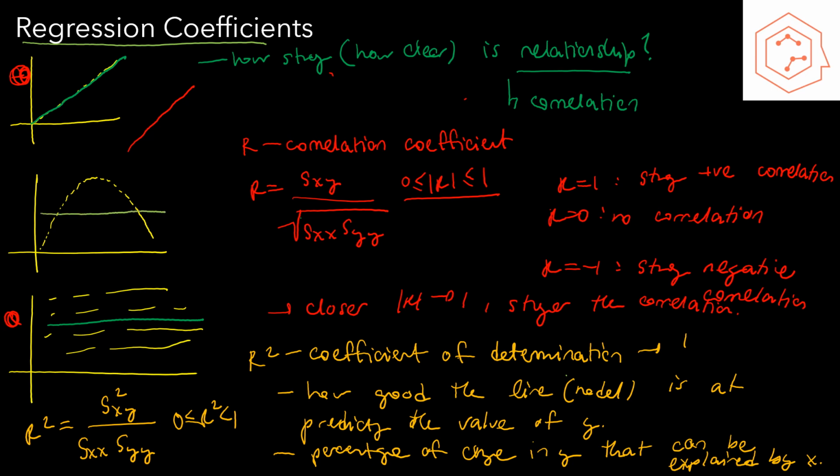I might still get a flat line and I'll get a low r value, but that doesn't mean that there isn't a relationship between x and y. So you should always use these as tools to help you, but you should always look at the graph to make any final decisions. Finally, if you do find a strong correlation, a correlation does not imply causation. So just because x and y are very strongly correlated, it doesn't mean that a change in x causes a change in y. It just might mean that they're connected in some external way.